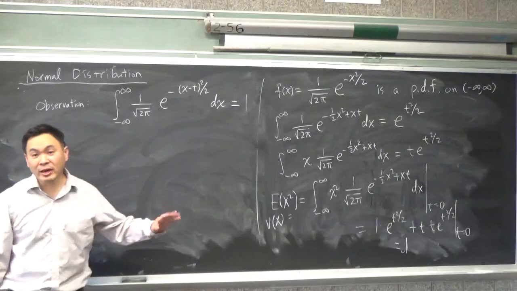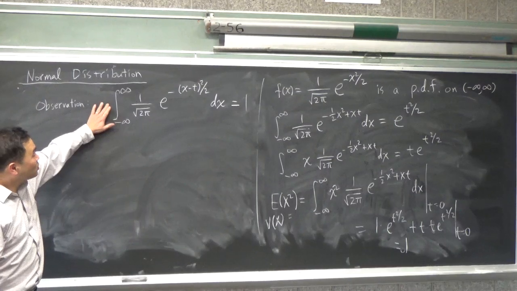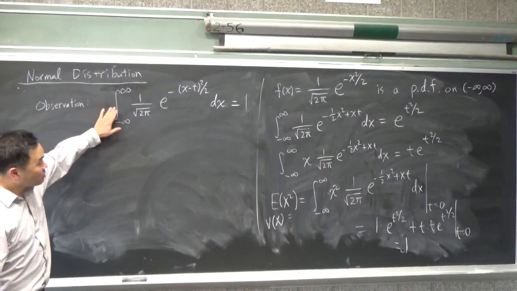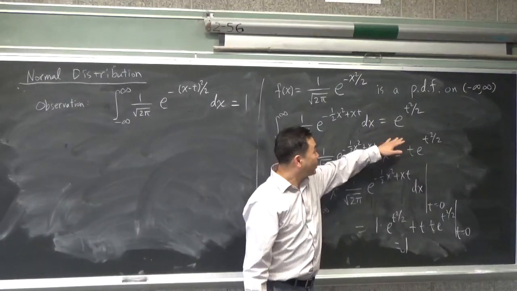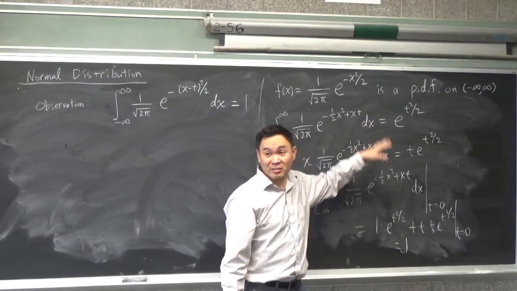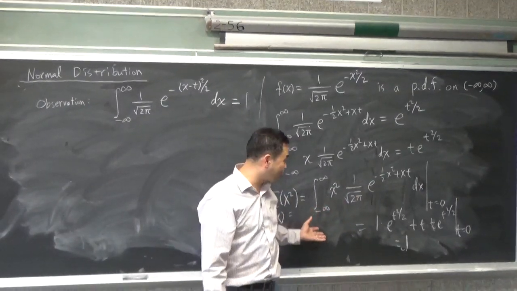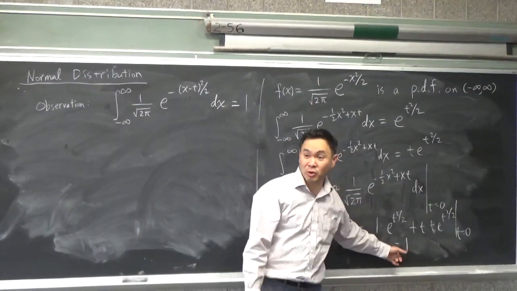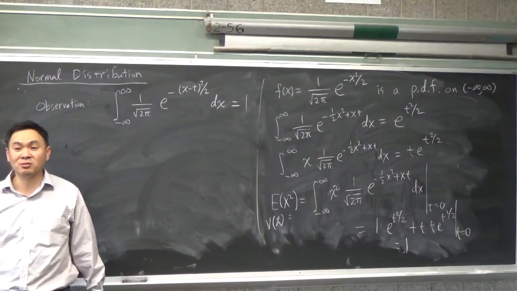So let's recap this. From this identity, we figured out that this is true, okay? And then by differentiating this twice, both sides, and then plugging in t equals 0, we were able to find that the variance is 1. What's the standard deviation again?